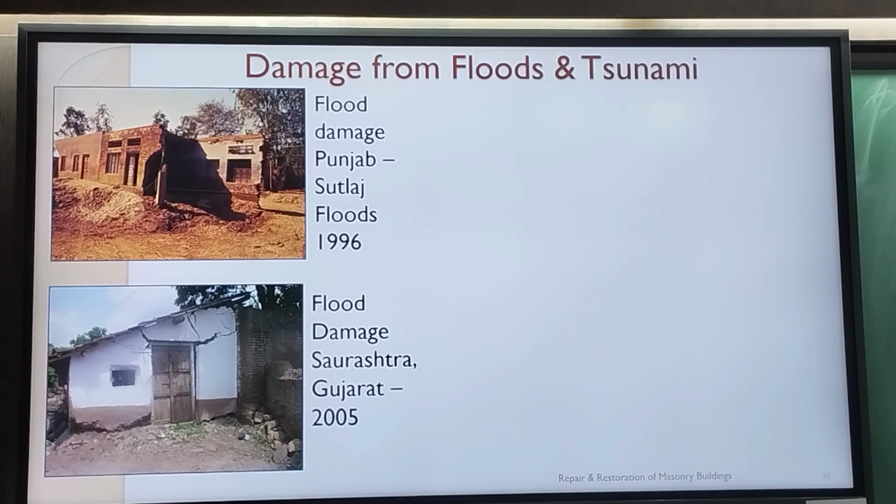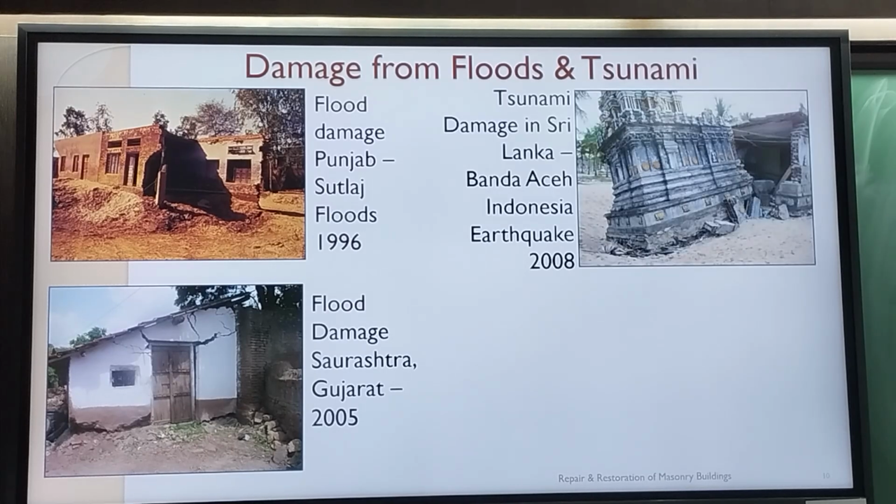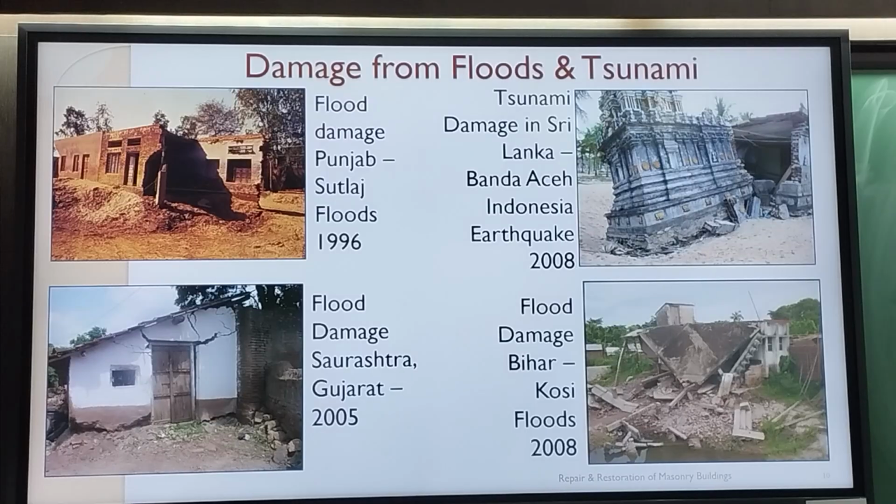We had seen floods in Punjab, the Satluj River overflowing, and then in Gujarat, Saurashtra, the 2005 earthquakes, the tsunami in 2008, the Indonesia tsunami in Banda Aceh, and floods in Kosi. Actually, even right now, I think Kosi is flooded, and they are expecting big floods because of the water being released from Nepal.